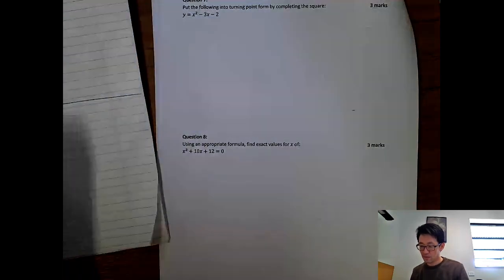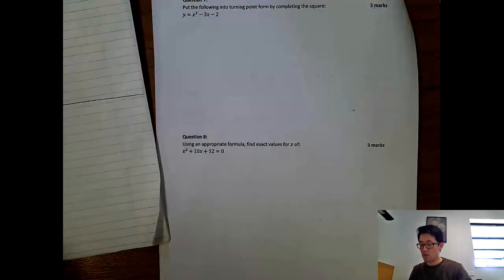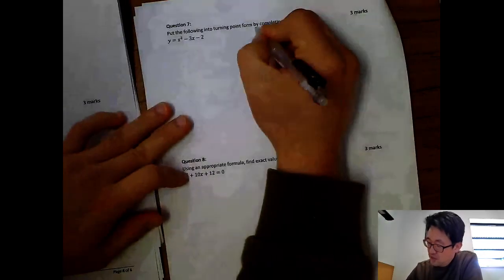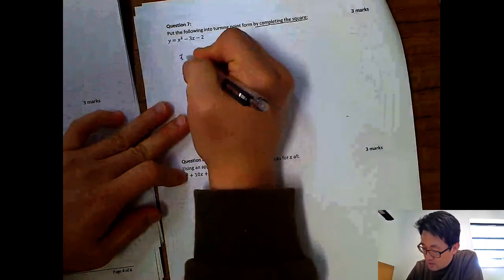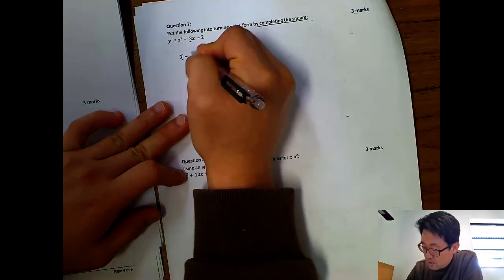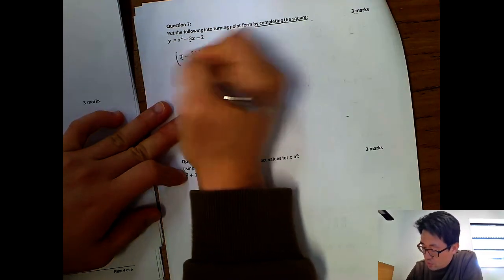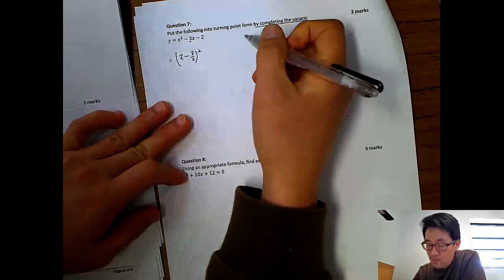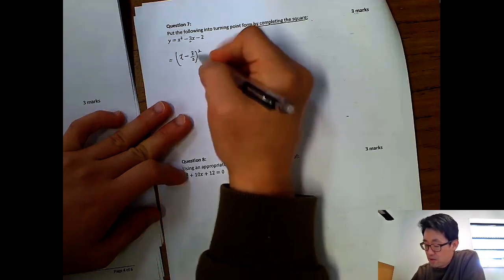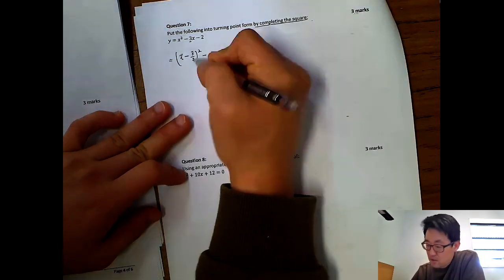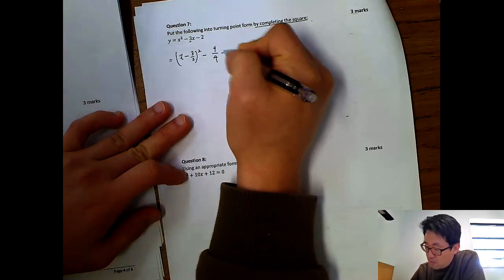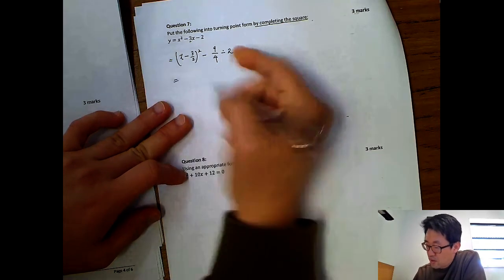Question 7. Put the following into turning point form. Turning point form, completing the square. Oh, they actually said by completing the square. x minus, you halve it, 3 over 2 squared. Isn't it? Yep. And then I add the square, and the next one is always minus. Square that, 9 over 4. Minus 2, I'll write it down.